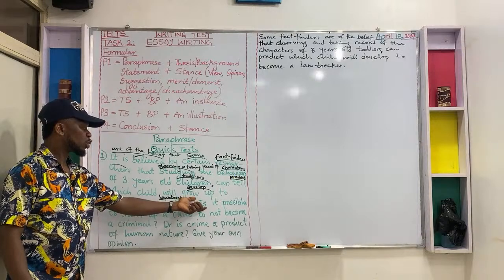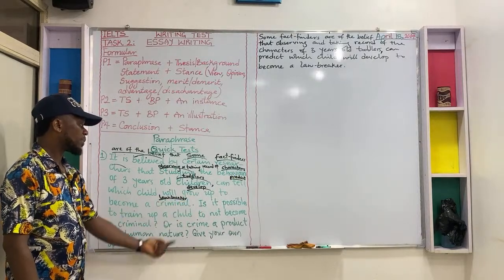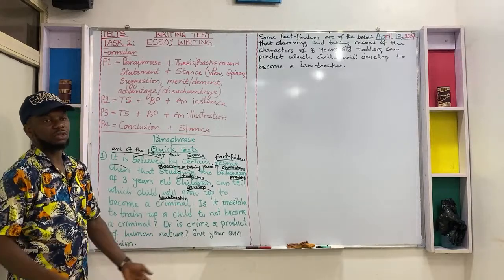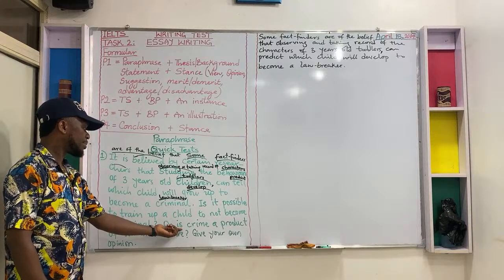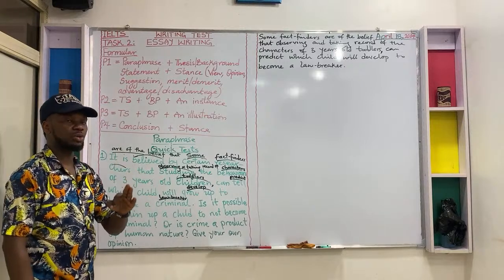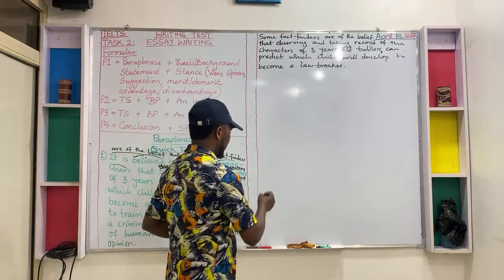First, you need to confirm whether it is possible to train up a child to not become a criminal, or if it's not. Then you also need to establish if crime is a product of human nature or not. So your planning comes in.